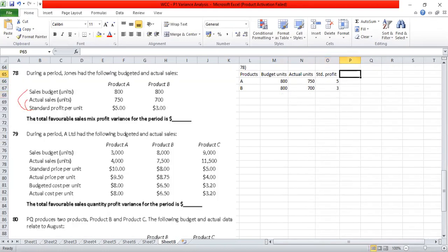We need to find out the standard profit of the standard output. Then we have to find out the standard profit of the actual output. Fine.